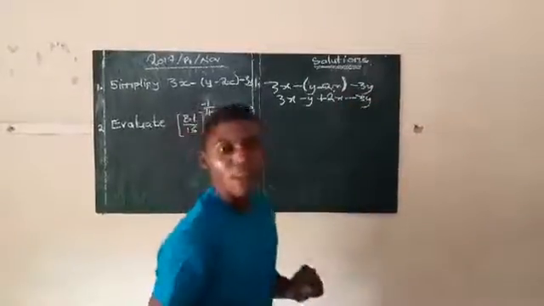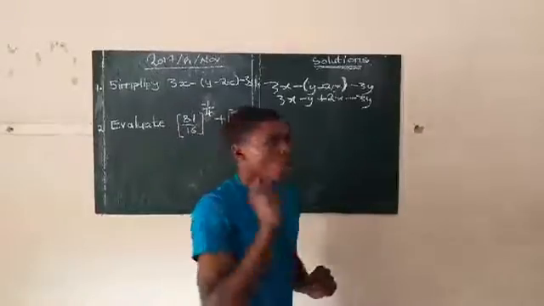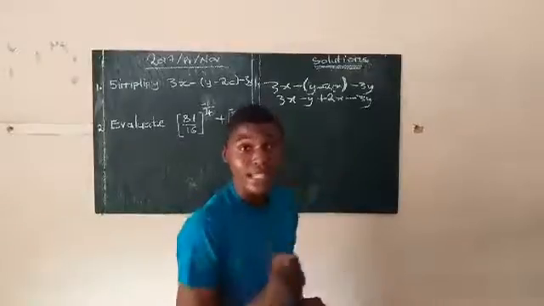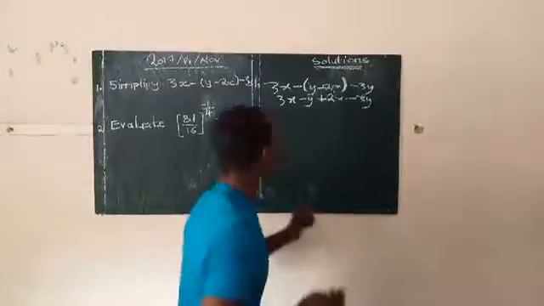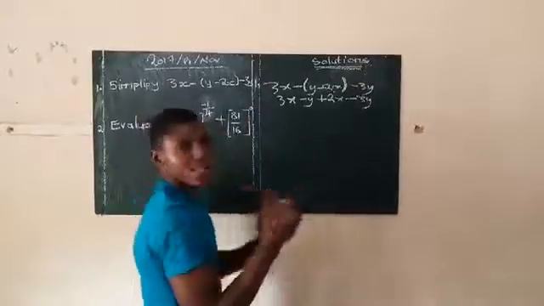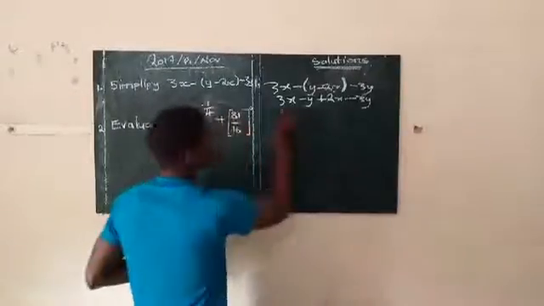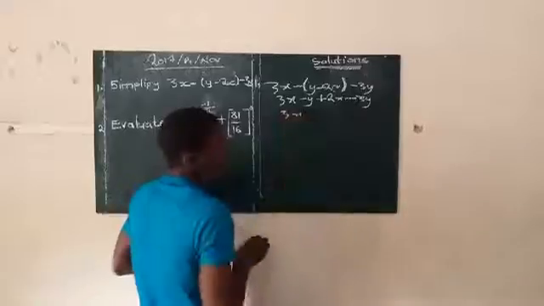Then remember, in mathematics, like terms can be added or subtracted. So we have common terms, those that contain x and those that do not contain x. Those that contain x, we have 3x, and what else?